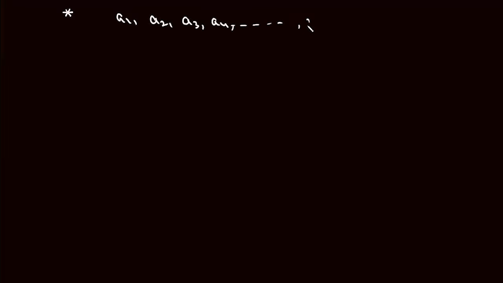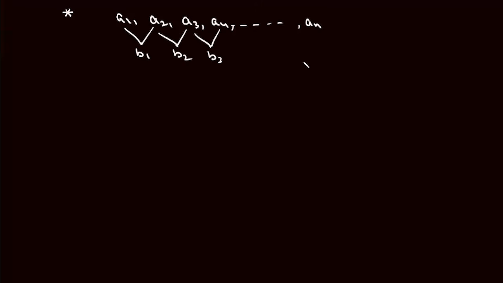Now we have some special sequences where the difference may not be constant, but the difference of difference may be constant, or we can say the first difference is an AP. Say for example, we have the sequence A1, A2, A3, A4 up to AN. Now if we take the differences, A2 minus A1 is suppose B1, A3 minus A2 is B2, A4 minus A3 is B3, and these differences are constant.